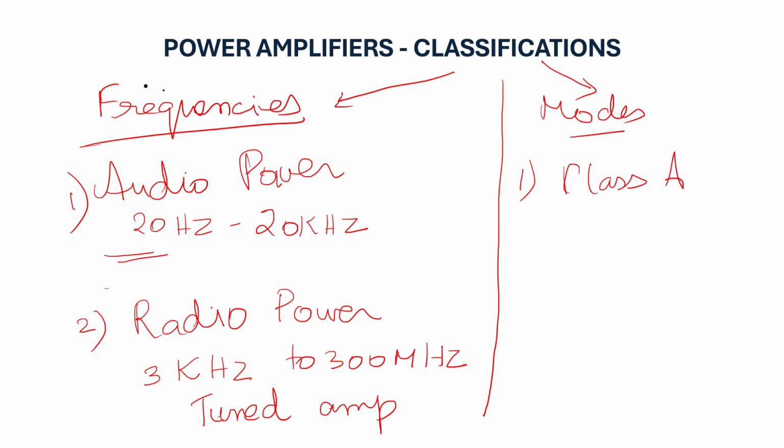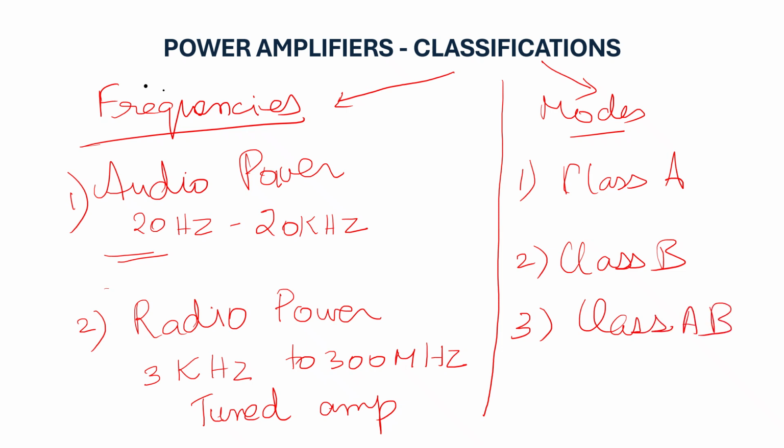They are named Class A power amplifier, Class B power amplifier, Class AB power amplifier, and Class C power amplifier.